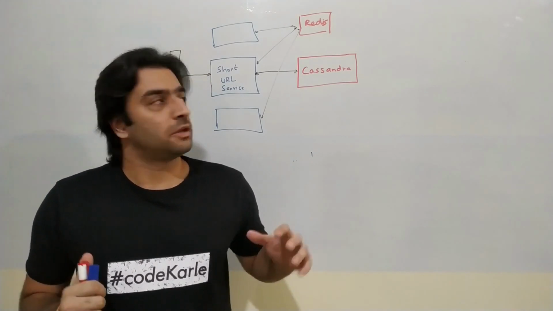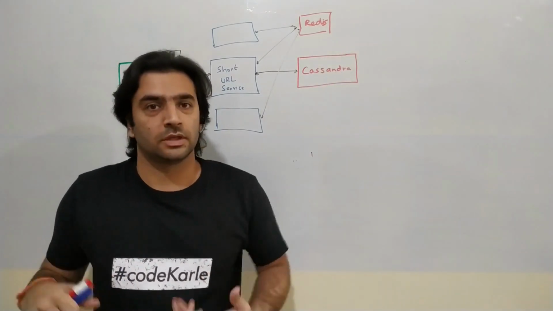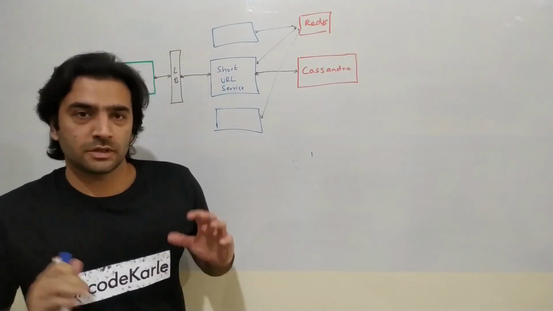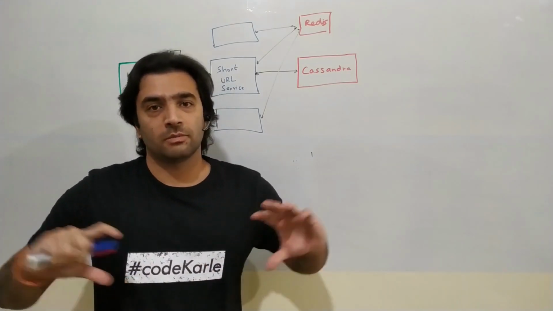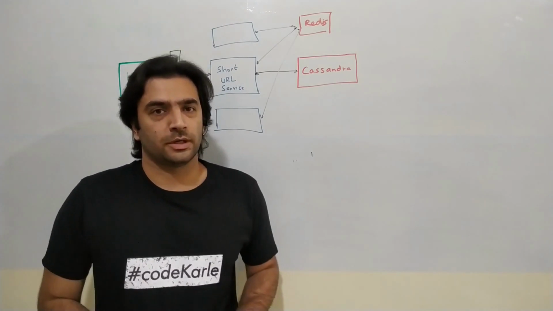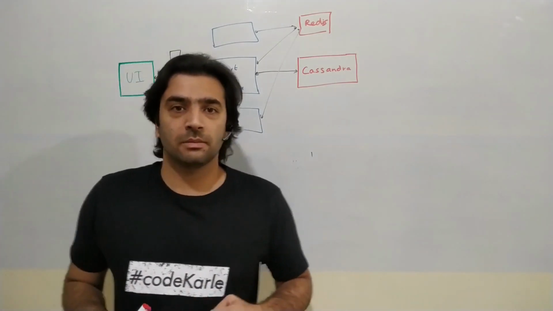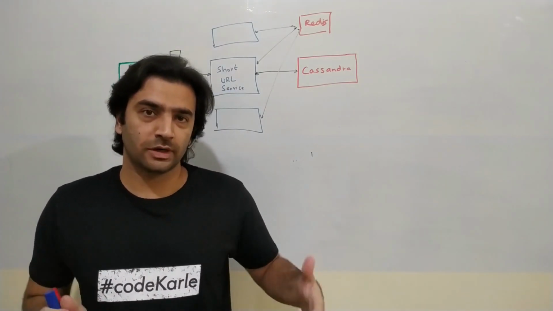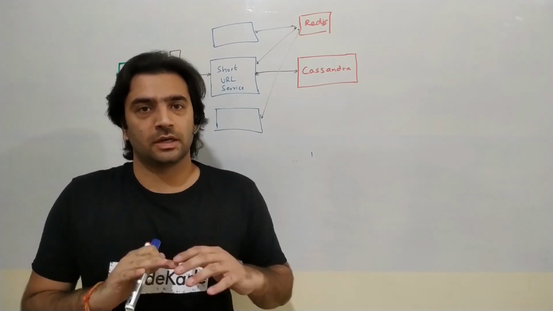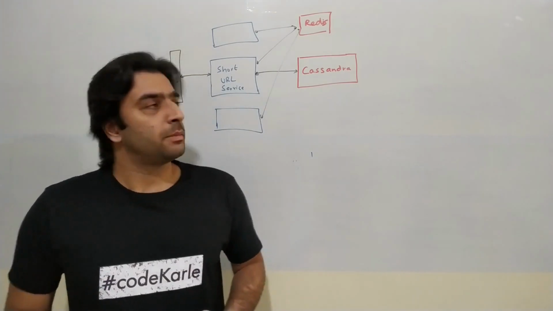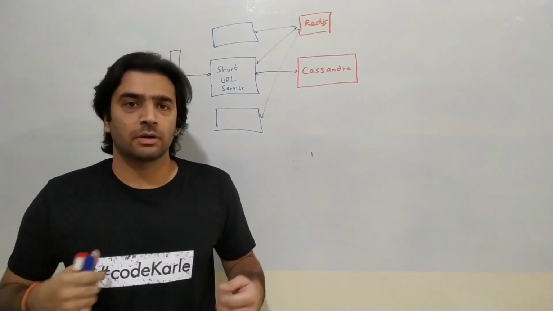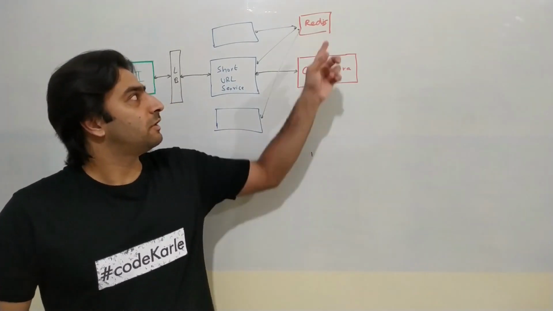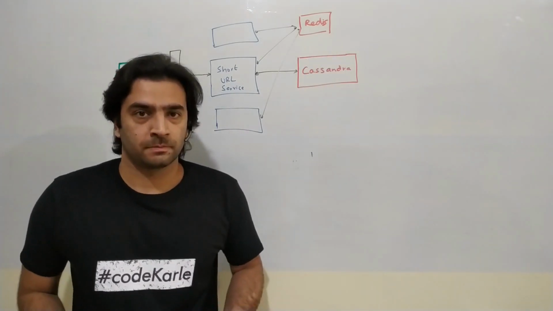If this goes down, there is no way we can recover, which is a problem. You can argue that we can have multiple Redis, but that's also tricky. Moreover, if the scale goes beyond the capacity of one Redis machine, then we are in a much bigger problem. Why? Because if one Redis is not able to scale to the latency requirements that we wanted, this will again start choking the whole system.